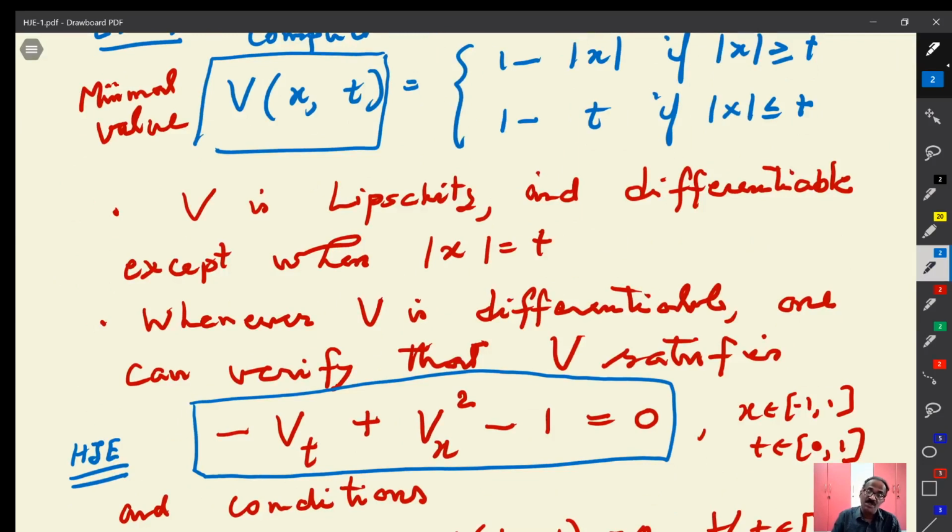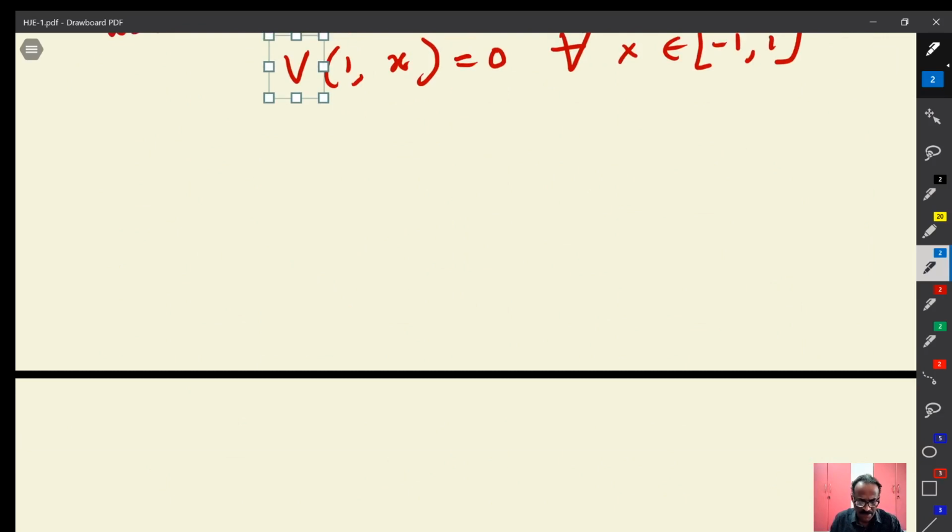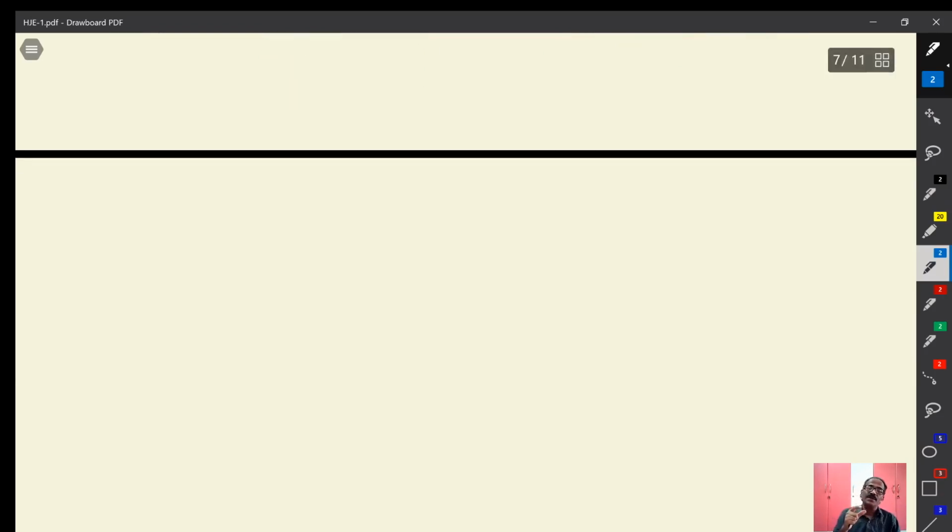And this is a partial differential equation, and partial differential equations have a rich theory, and that is what we are going to do. So before that, we plan to do another important aspect related to the minimization problem or a calculus of variations problem. So calculus of variations and Hopf-Lax formula.